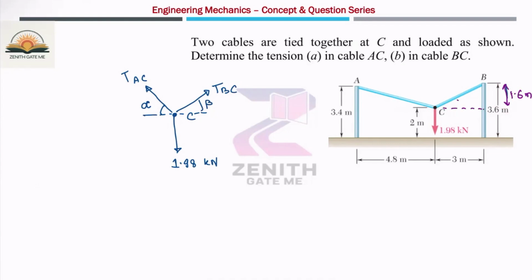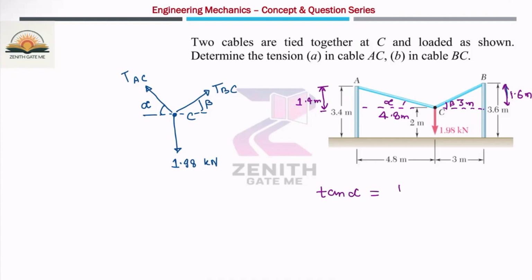And this value is 3 meter. Similarly, this value is 4.8 meter and this value is 2 and this is 3.4. So this value is nothing but 1.4 meter. Okay. So this is alpha I have assumed and this is beta I have assumed. So alpha value and beta value you can calculate by using the simple relation.